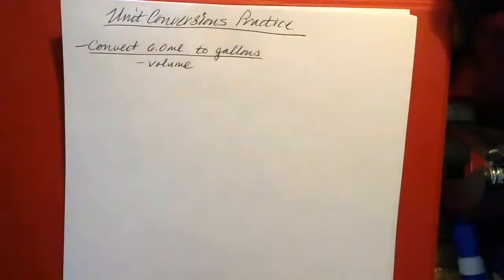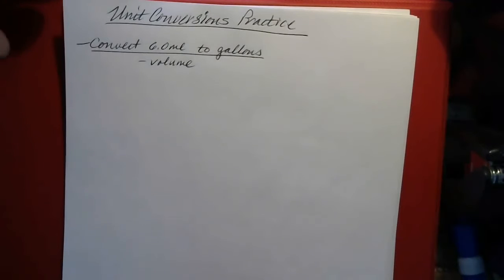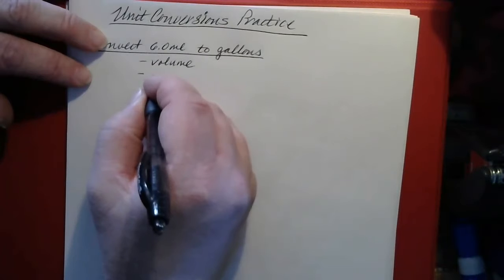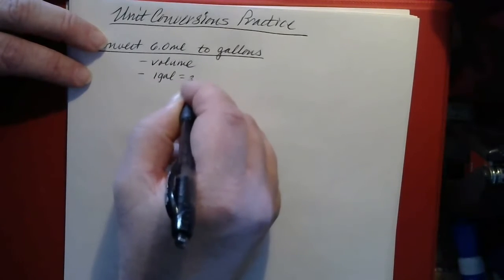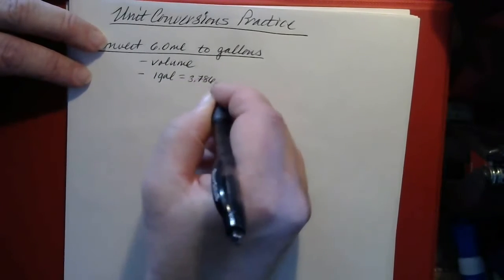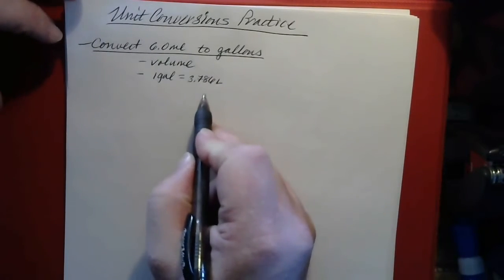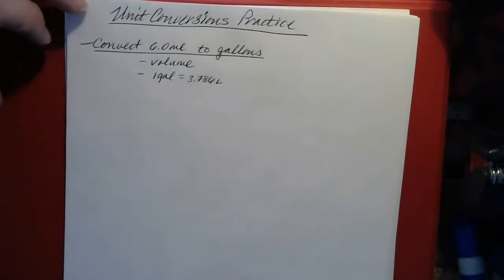So actually, getting from milliliters to liters is pretty simple, since that's within the metric system. And so we'll do that. So we'll use that one. Okay, so we know this. So if we can get from milliliters to liters, then we can get the gallons.